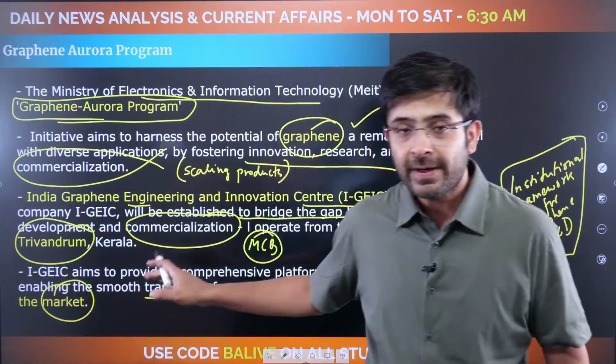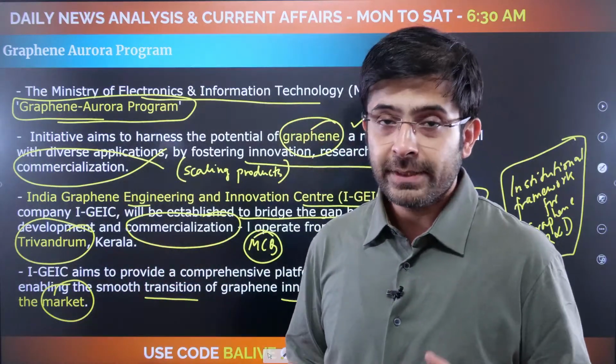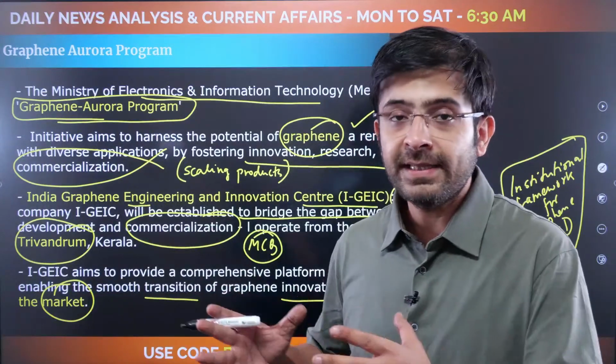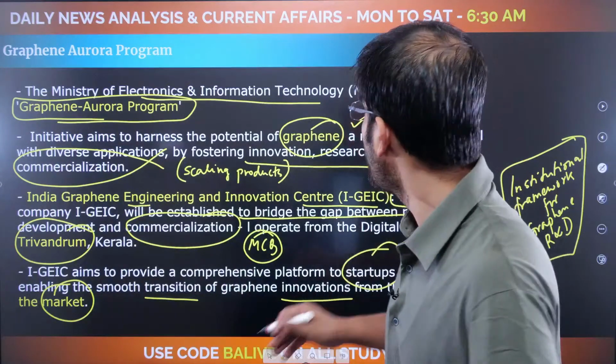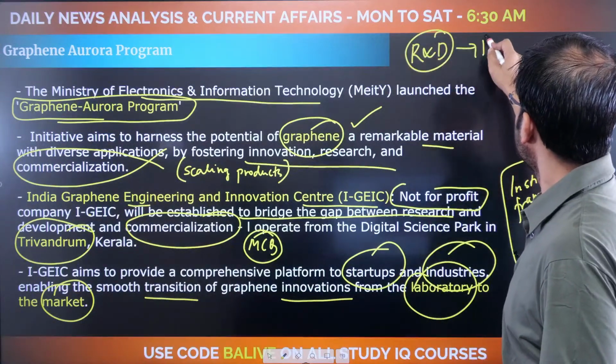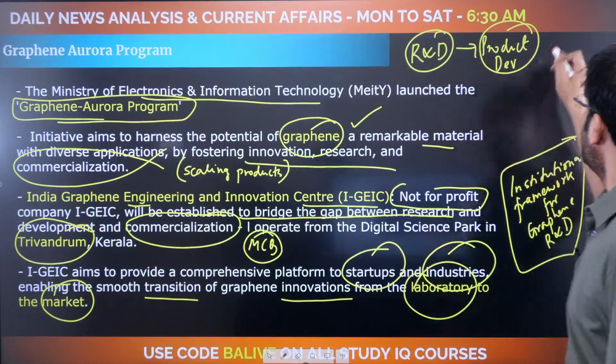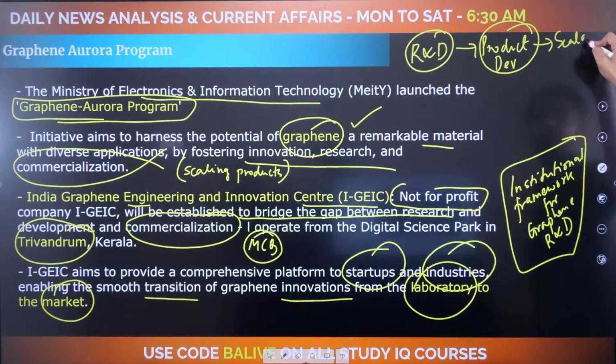Now, why am I stressing the commercialization angle? Because eventually what you find is that other organizations that operate under the government are most likely limited to research and development, and thereafter at most product development. However, what's missing often is the scalability factor.